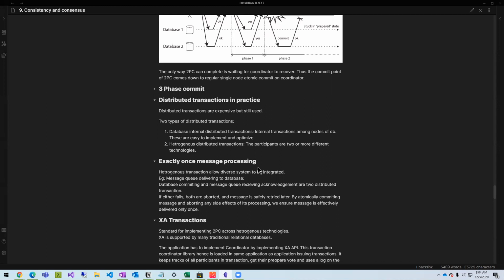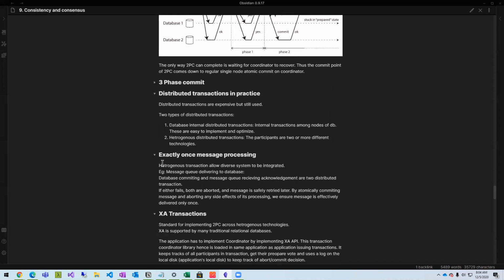Okay, great. So this is the discussion of exactly-once message processing. Imagine a scenario when you have a message queue, and you have to deliver that message to a database. Your transaction will be completed once that message has been delivered to the database and committed at the database, and also when the message queue has received an acknowledgement.